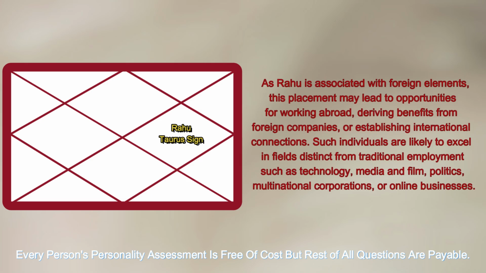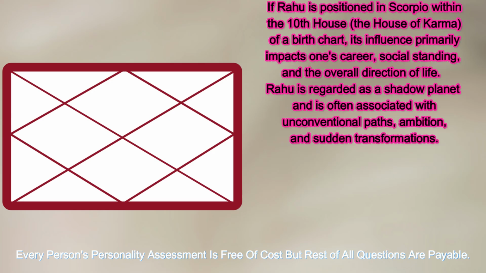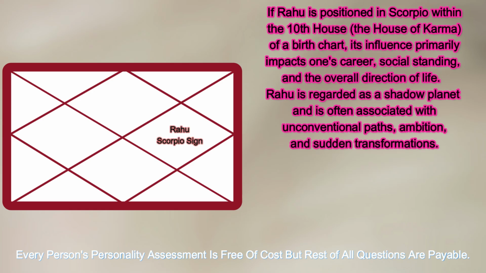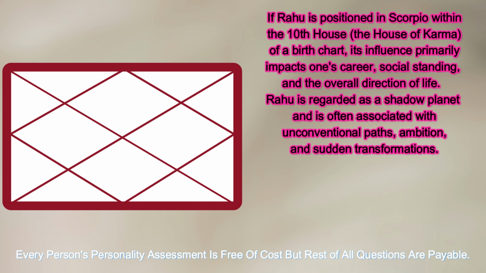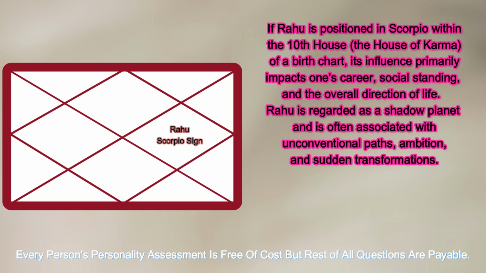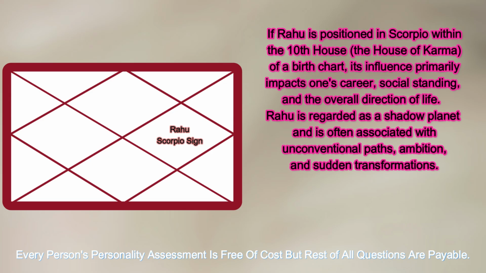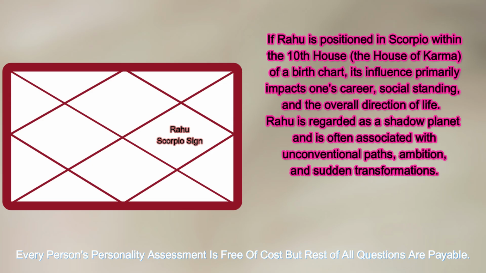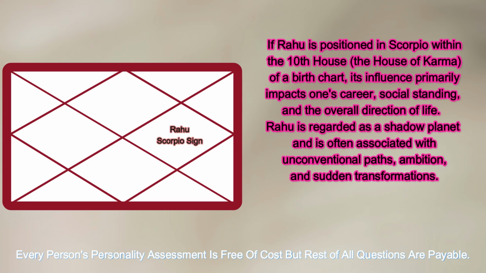If Rahu is positioned in Scorpio within the 10th house, the house of karma, of a birth chart, its influence primarily impacts one's career, social standing, and the overall direction of life.